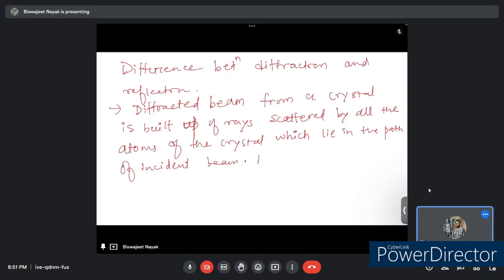But reflection only takes place in the surface layer.